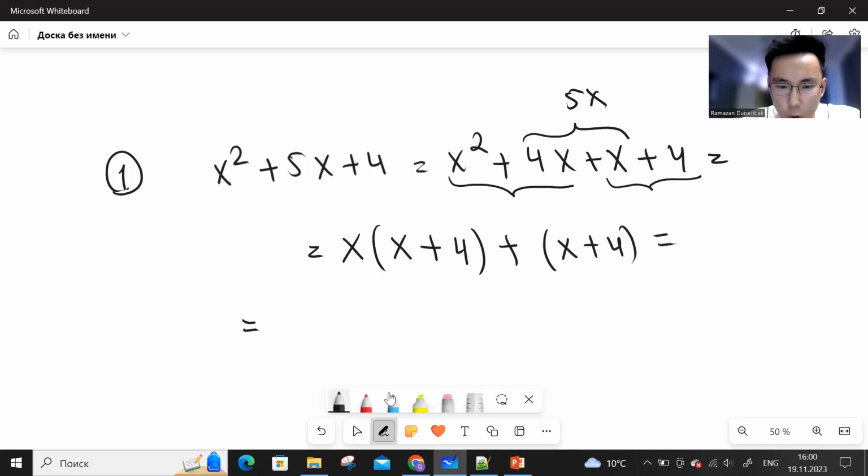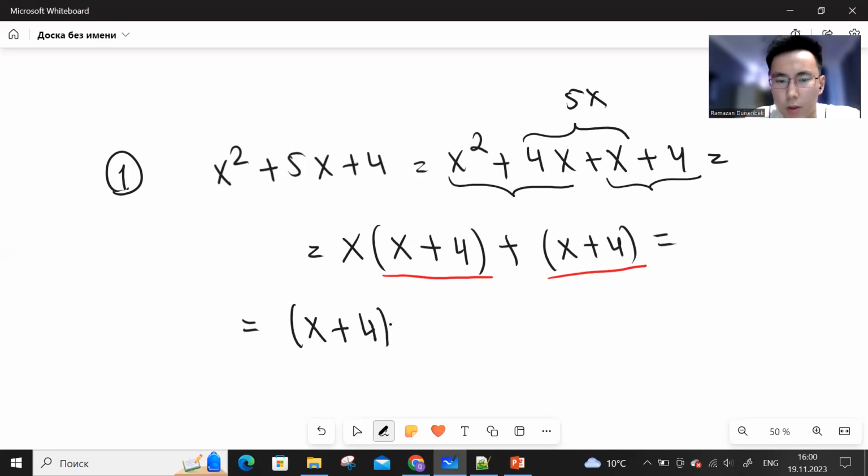My next common element is what is inside my bracket, x plus 4. The first one will be this common bracket, and in the second one I will have the leftover elements. From the first group I have this x. From the second group I will have nothing. If you are left with nothing, you just write 1.